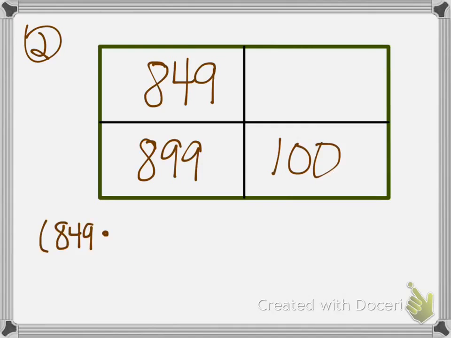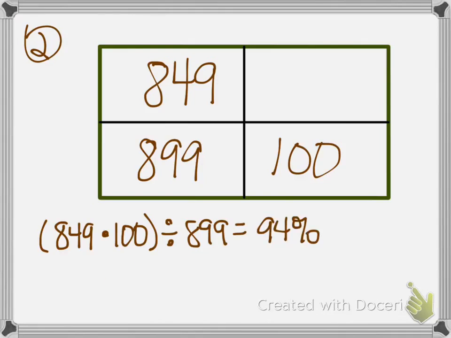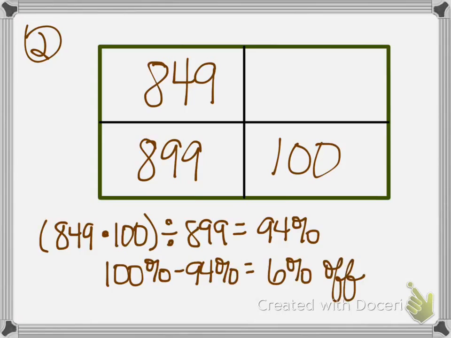In number 2, the equation becomes the quantity 849 times 100 divided by 899, which gives me 94%. That means that $849 is 94% of the original purchase price. So I then need to subtract 100 minus 94. That tells me that this price that they're giving is a 6% off sale.